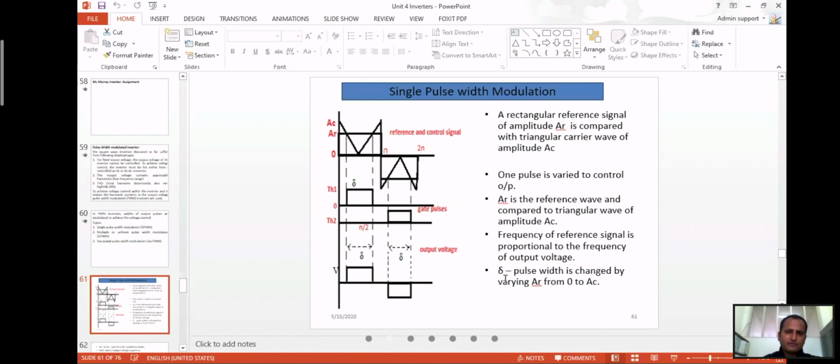In single pulse modulation, how does it operate, and what is the pulse width modulation index? We have to compare the reference signal with the carrier signal. If we compare these two different types of signals, we will be able to know the modulation index of that particular system. Modulation index is one of the important factors we need to see.